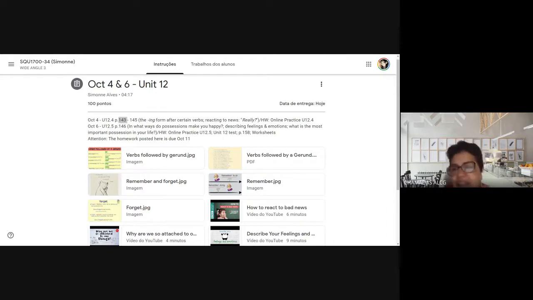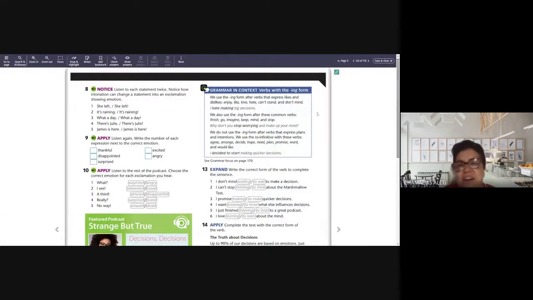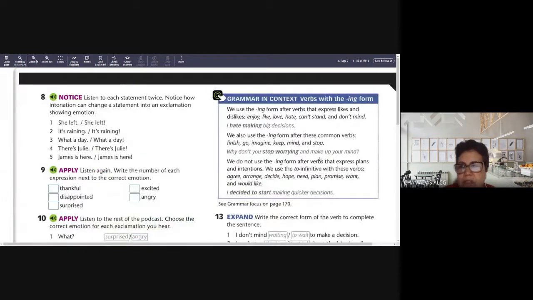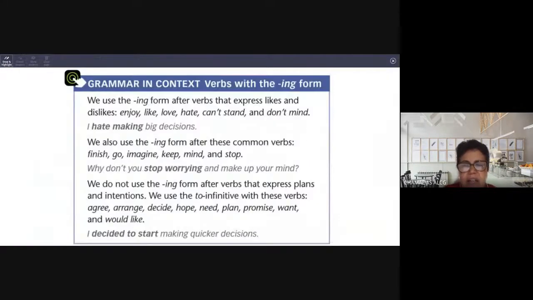Okay, guys. So let's go. Page 143. Let me share the, yes. Okay. So let me zoom in. And here. So guys, we have this very interesting characteristic in English that we call gerund.